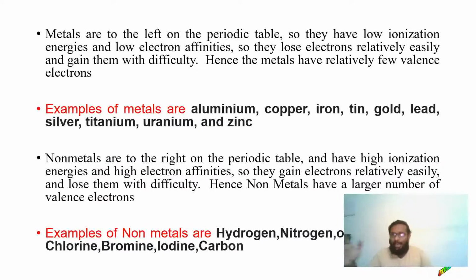So the right part of the periodic table has high ionization energy, and these elements are the non-metals. Because of this high ionization energy, the valence electrons are tightly held by the nucleus, so it is difficult to lose electrons, but they can easily attract electrons from the low ionization energy elements. This is the property of the non-metal.